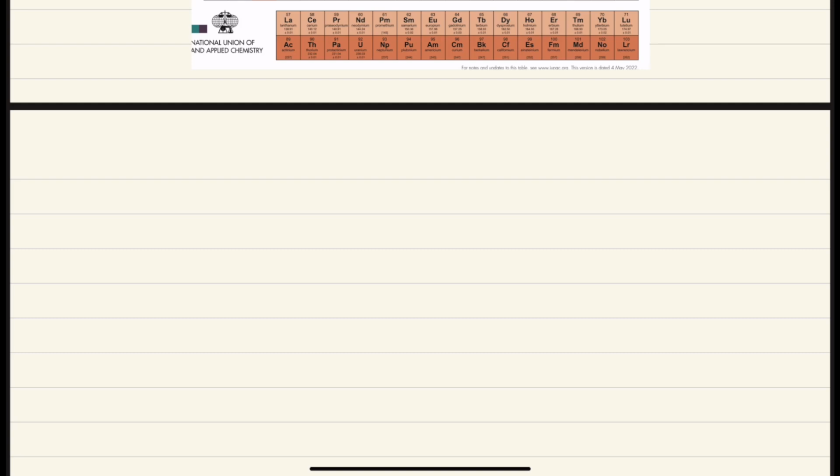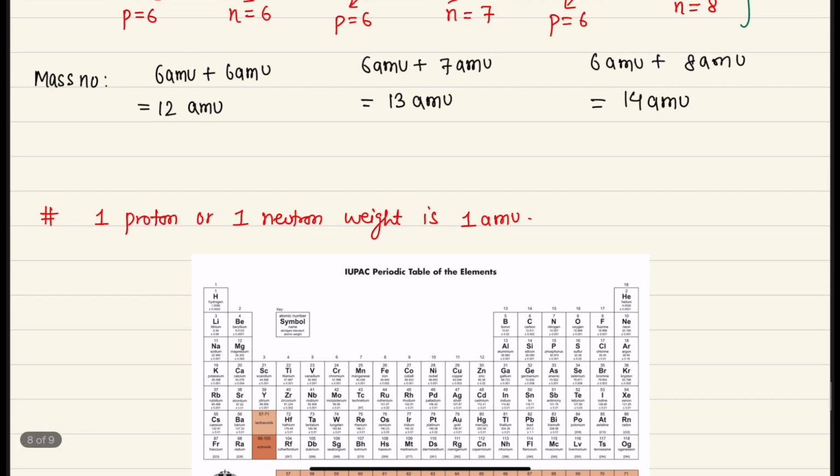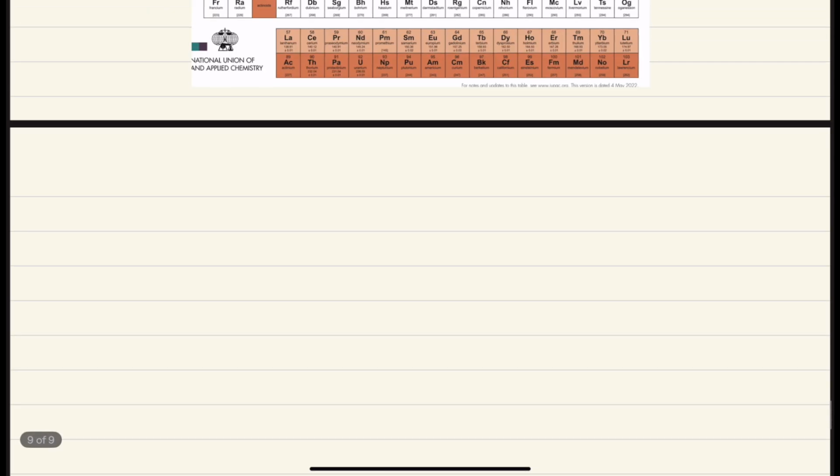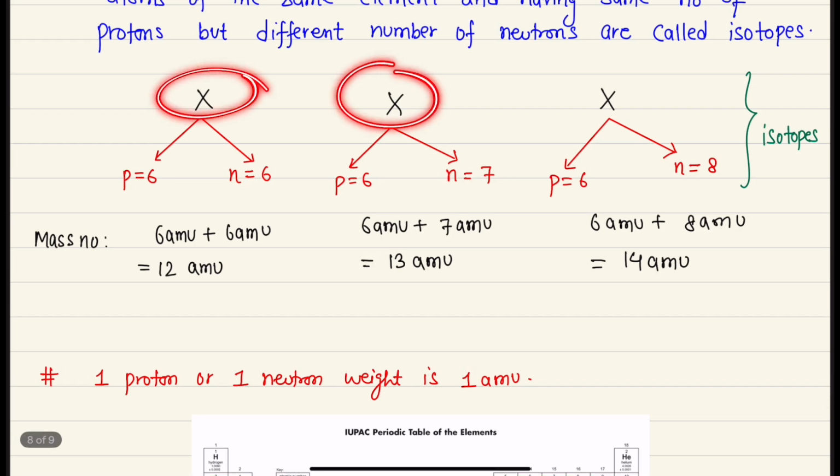And if out of those trillions of carbon atoms you pick out one carbon atom, it could be any of these three versions.